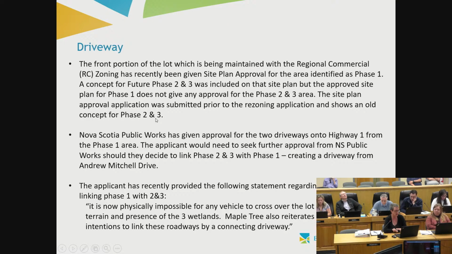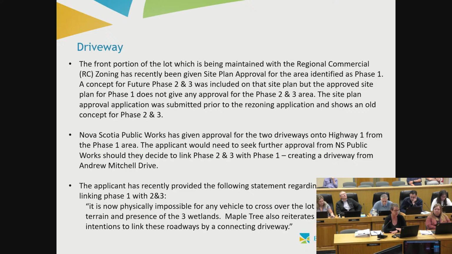Nova Scotia Public Works has given approval for the 2 driveways onto Highway 1 from the Phase 1 area, and the applicant would need to seek further approval from Public Works and the municipal engineer should they decide to link Phase 2 and 3 with Phase 1, creating a driveway from Andrew Mitchell Drive.